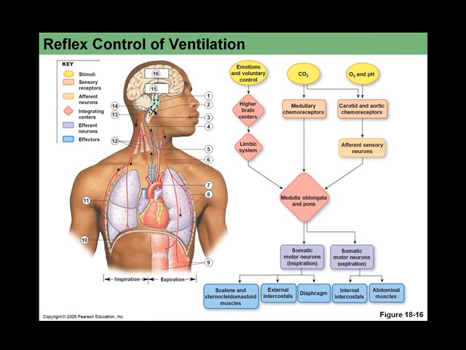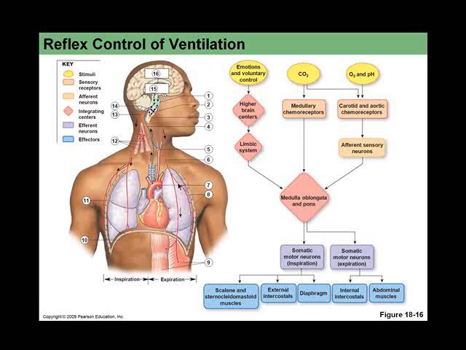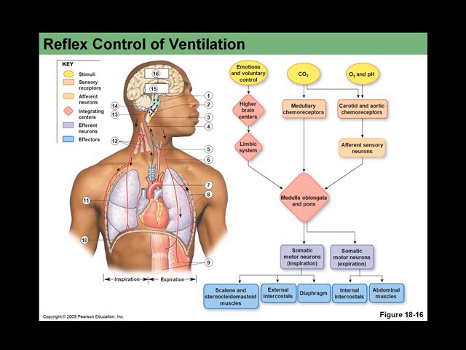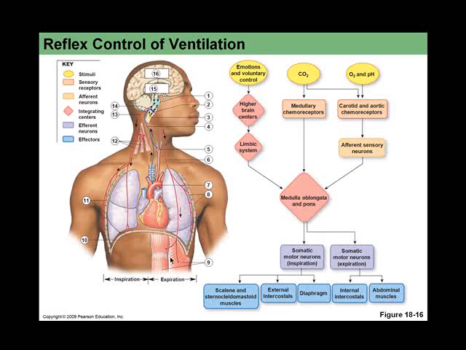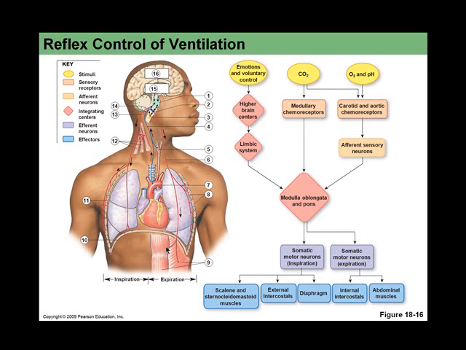And then the ventral respiratory group in the medulla, as we see, innervates the expiratory muscles, and typically those are not recruited to any great degree, the internal intercostals and the abdominal muscles, during resting, relaxed breathing.